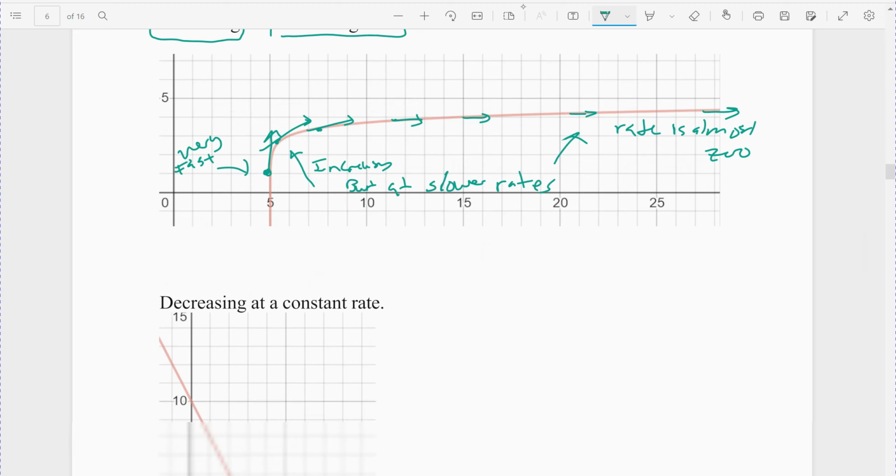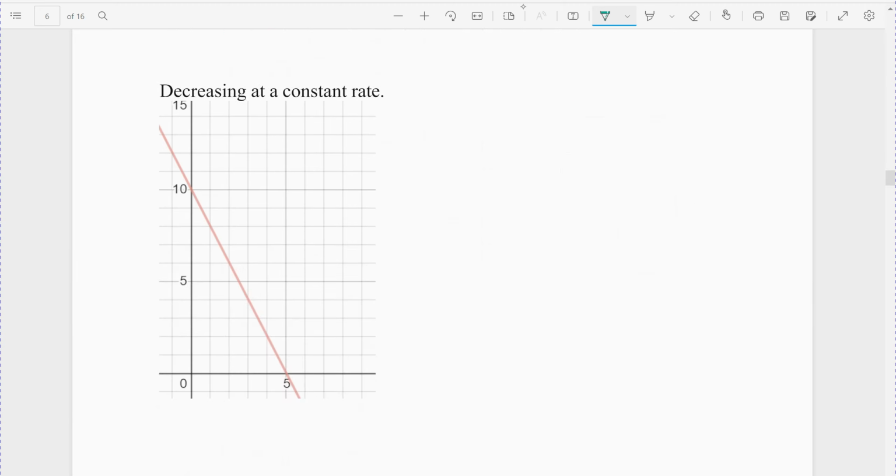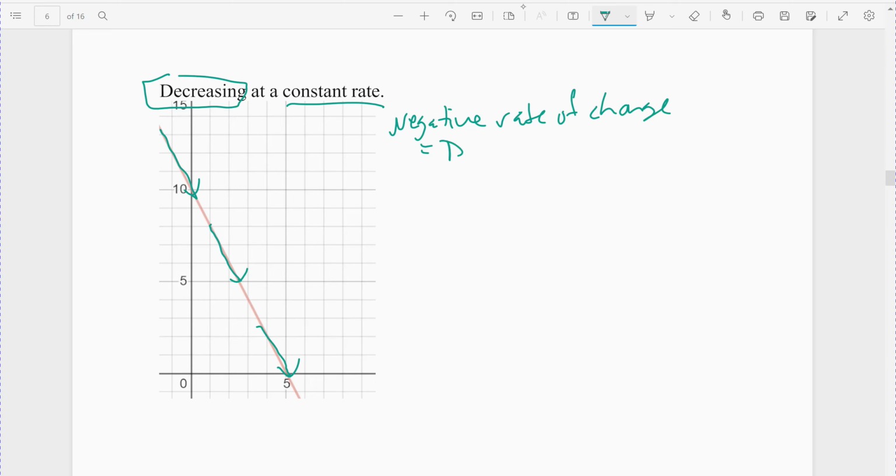Now we're going to look at the decreasing cases. Decreasing means I'm moving down. So this is an example of decreasing at a constant rate. Constant rate is a linear case. It's a line. I'm moving down at the exact same speed no matter where I'm at on this line. Constant rate means you have the same slope. It would be a negative rate of change, because I'm decreasing.